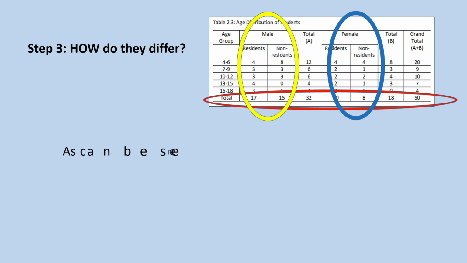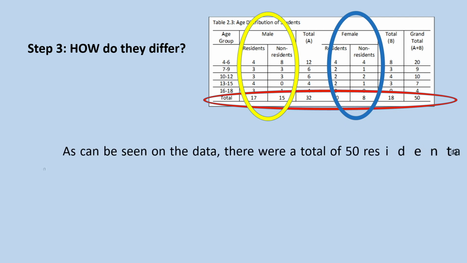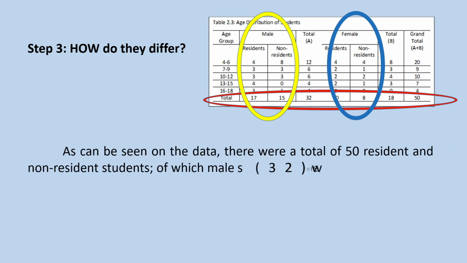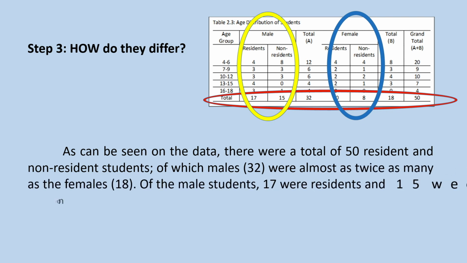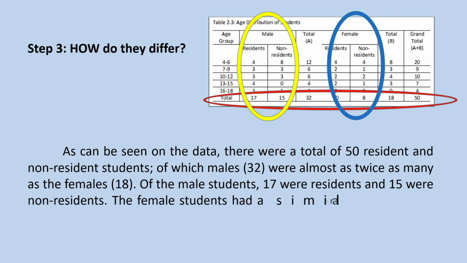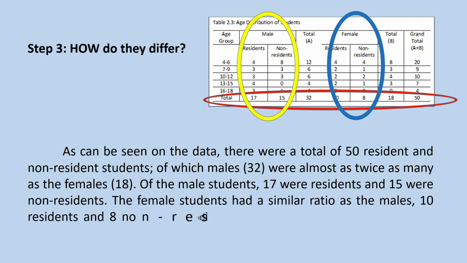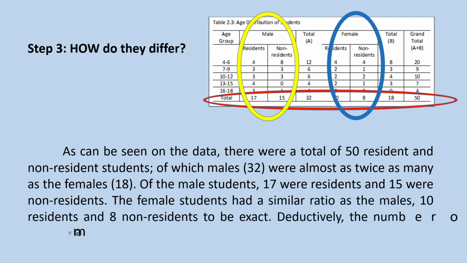Looking at the male and female categories as well as the total number of students, we may write step 3 in this manner. As can be seen on the data, there were a total of 50 resident and non-resident students, of which males, 32, were almost twice as many as the females, 18.